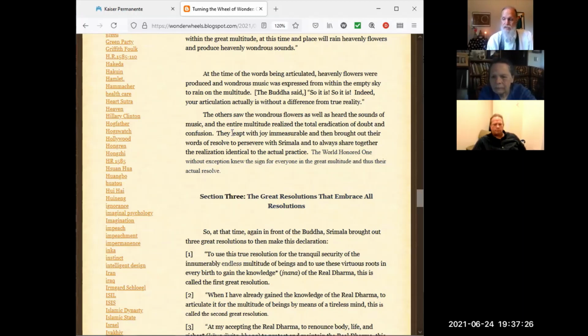They're not just leaping with joy at hearing the sounds and the flowers. The joy is the expression that they get it. We get what she's saying, and therefore we offer our resolve to persevere with her and always share together the realization. So that's to me the emphasis here.